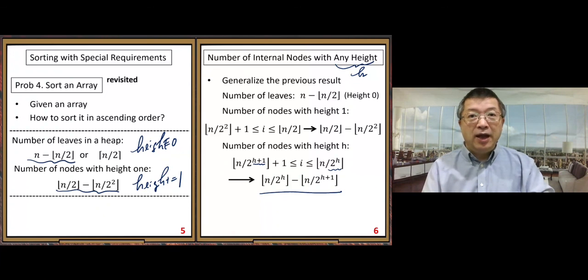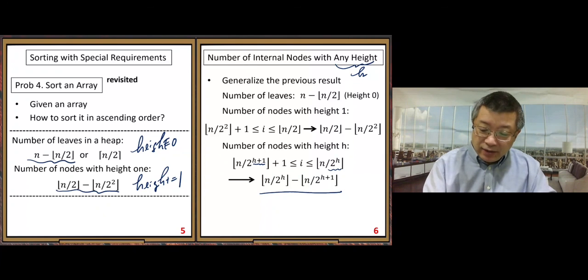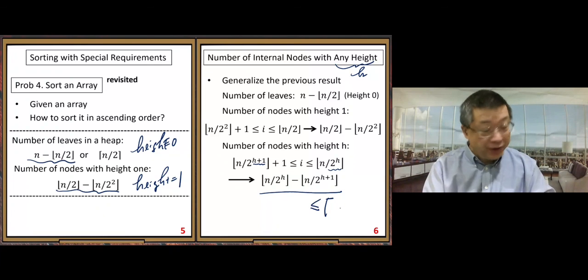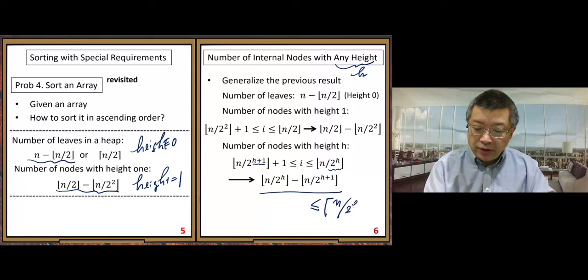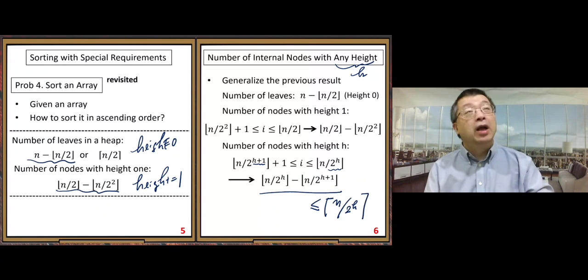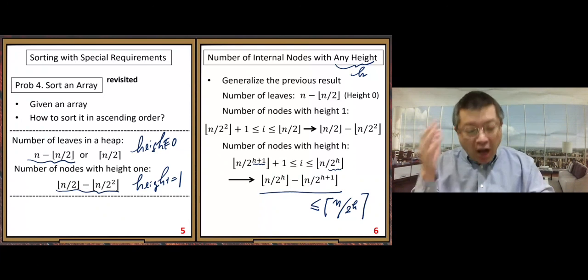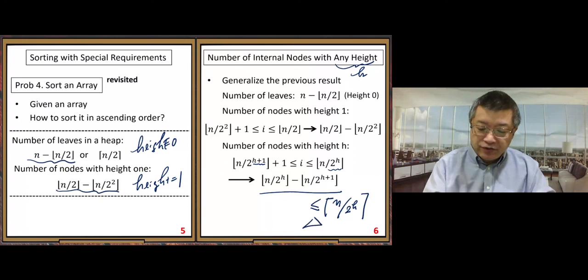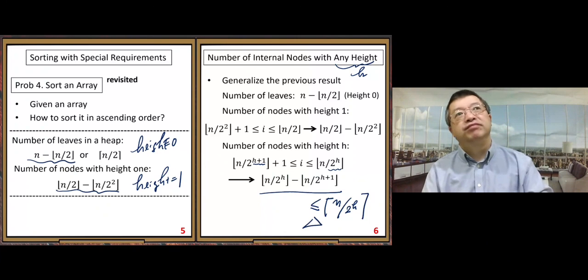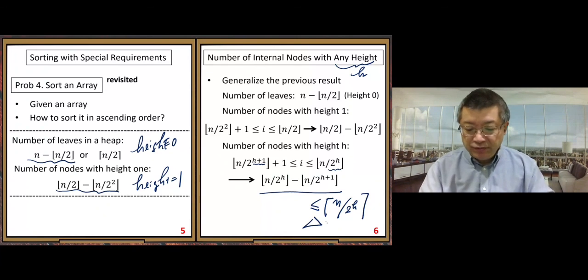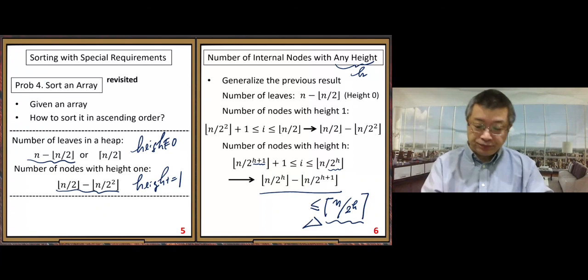And for this general case, what do we get? The number is less than or equal to the ceiling function of n over 2 to the h. Later, when we estimate the cost, we need this version, because it is simpler, just one term.